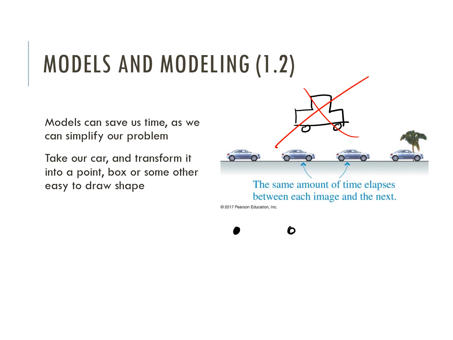So I could take the center of the car and just draw a point. Now my car's a bunch of points. Maybe if you don't want to use points, that's fine. Maybe you want to use squares, or maybe you really like triangles. Use whichever shape is easier for you to draw.